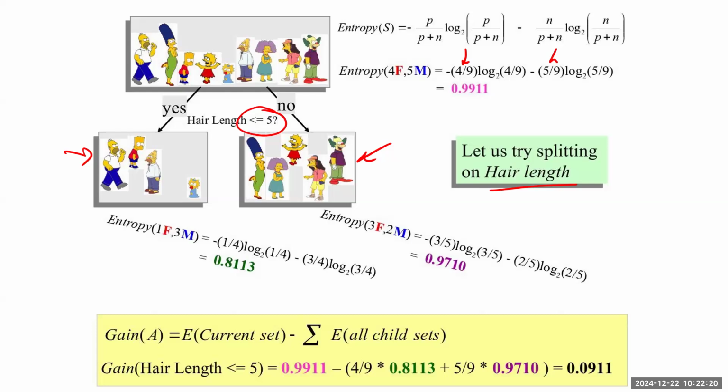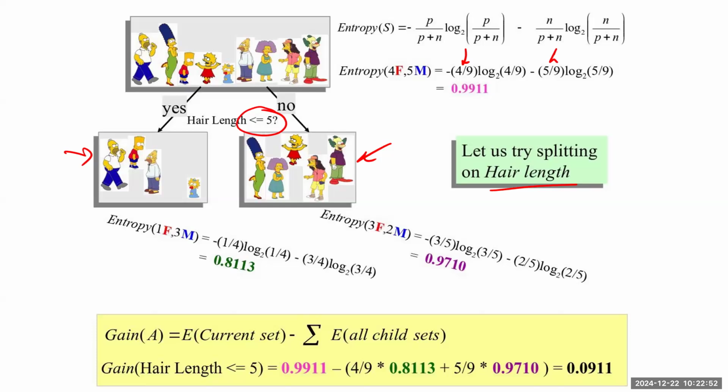And I want to compute the information gain. The information gain is the entropy of the parent. So this one is basically 0.9911. So this is the first term. And then minus the entropy of the children, so 0.81 on this one, 0.97 on this one.